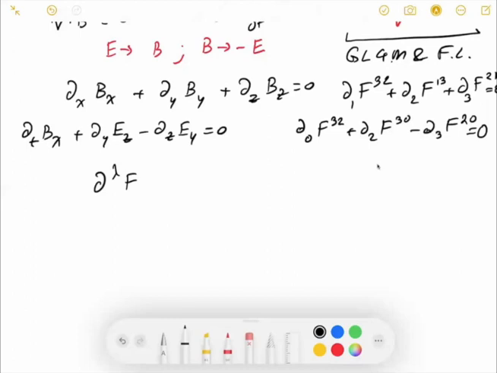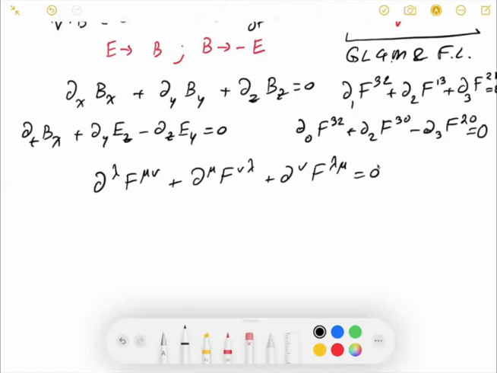So we always have a sum of three terms, and all of those will involve elements of that field tensor. So we would have this one: del mu F nu lambda plus del nu F lambda mu is equal to 0.